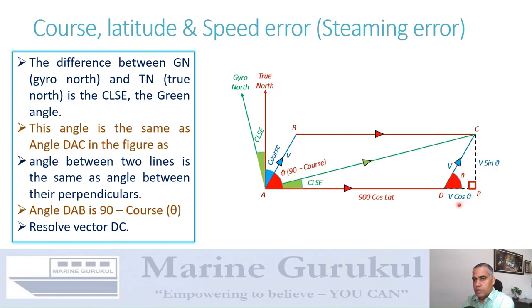So this is a simple application of the trigonometric ratios of cos theta and sin theta. And this is also a simple application of the vector resolution. We have basically resolved this vector Delta Charlie into two components, V cos theta and V sin theta. This will help us in derivation of the CLSE formula.